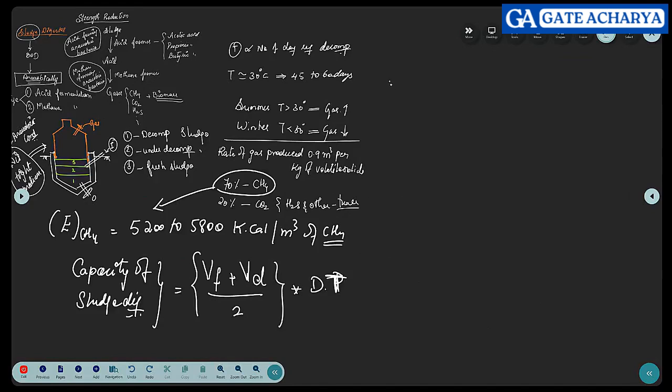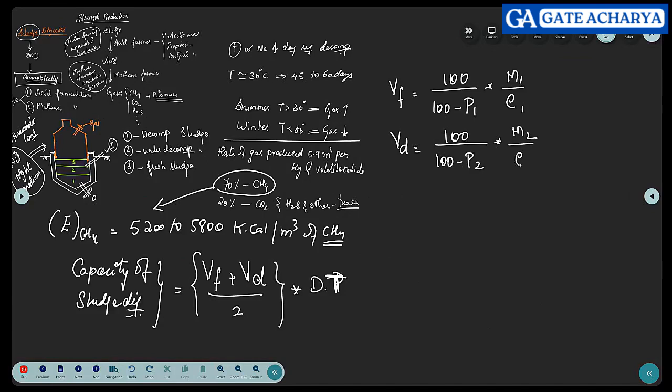The volume of fresh sludge is 100 divided by 100 minus P1 into M1 by rho 1, whereas the volume of digested sludge is 100 divided by 100 minus P2 into M2 by rho 2. So from here I can estimate the two volumes, take their average and multiply by the retention time. I can estimate the volume or capacity of the sludge digester.